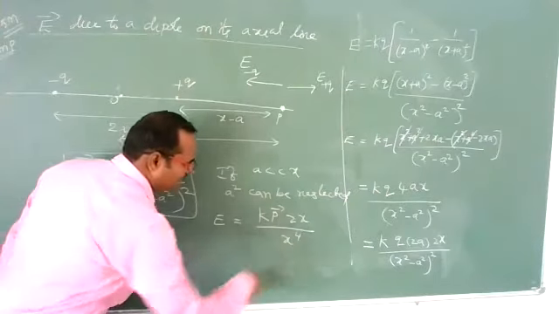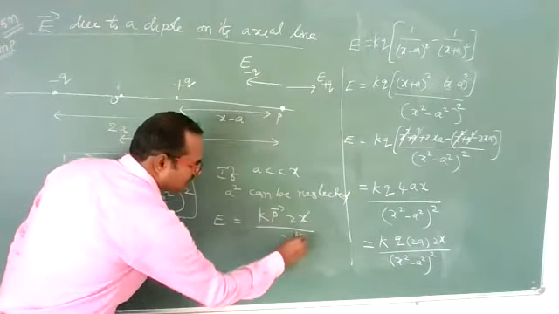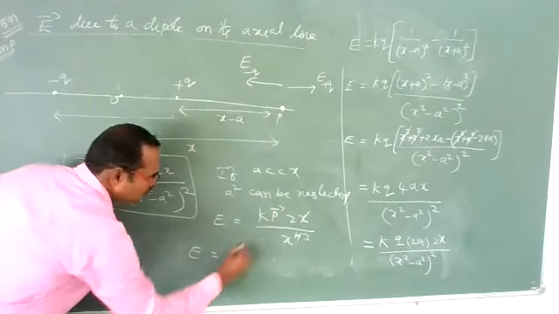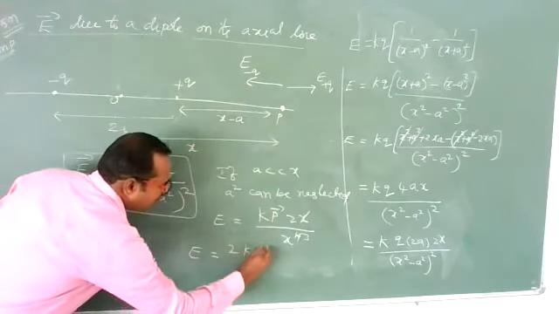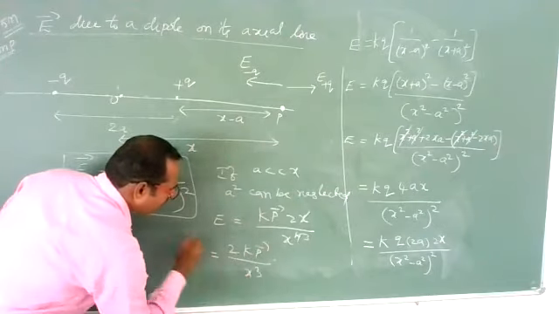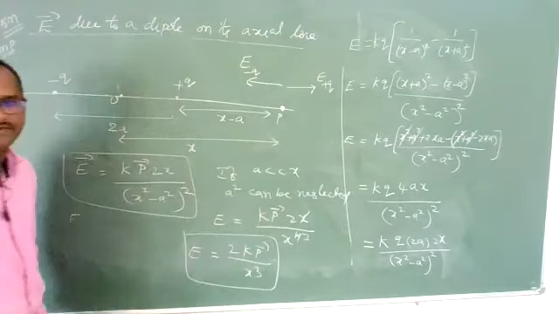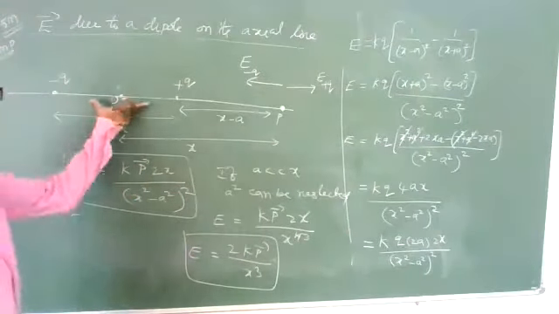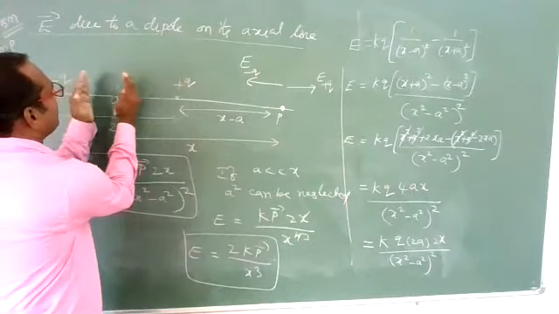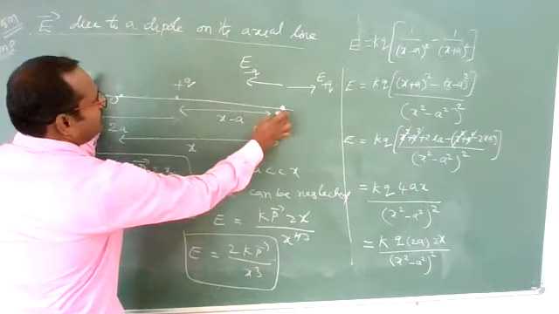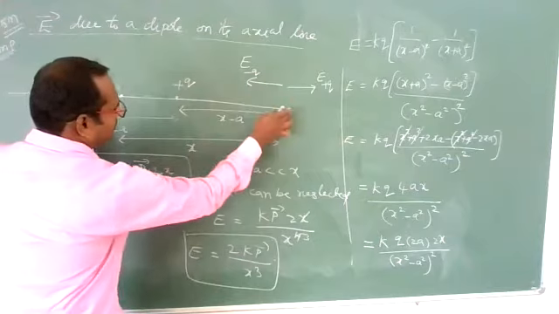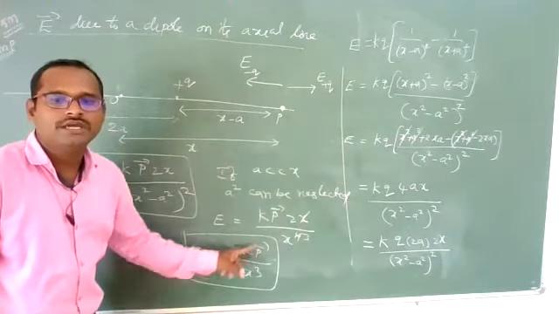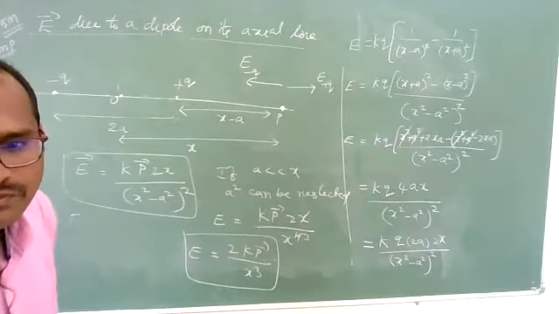One x cancels. You will get net electric field equal to 2Kp bar divided by x cube. A shortcut formula. When the length of the dipole is very small, the point P will be at a large distance from the center, then you will get 2Kp by x cube.